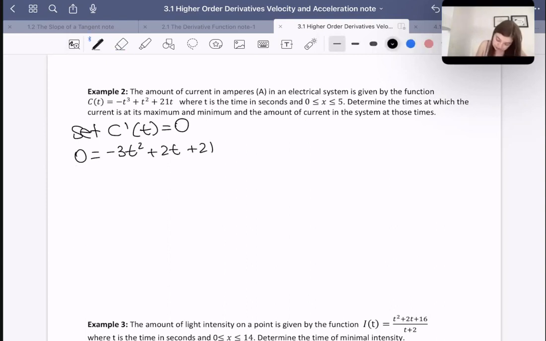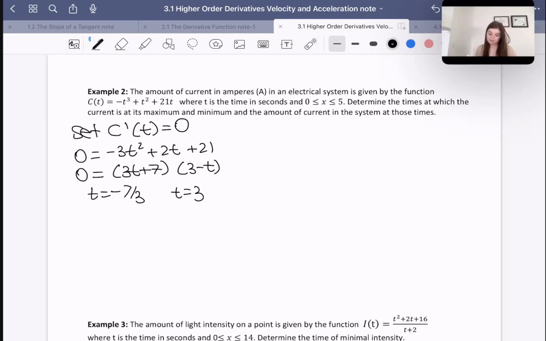If we factor this using the quadratic factoring methods that we know, we get t equals 3, or t equals negative 7 over 3. But keep in mind, negative 7 over 3 is not part of the interval. This is not applicable to this situation because it is outside of the interval from 0 to 5, including those 2 values.